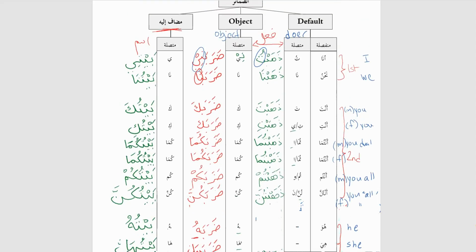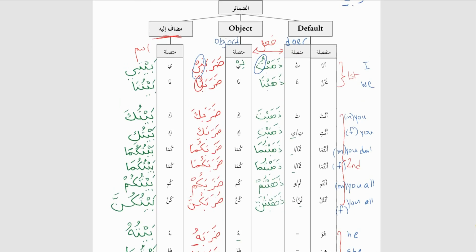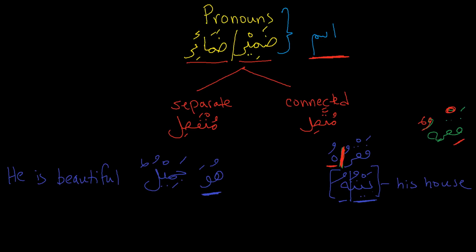So this is referring to مضاف إليه when it is attached to an ism. Now, the biggest thing I want to mention is that, remember, these pronouns never change vowels.